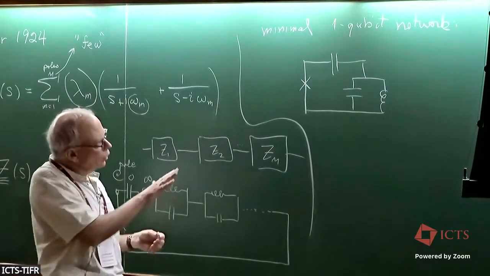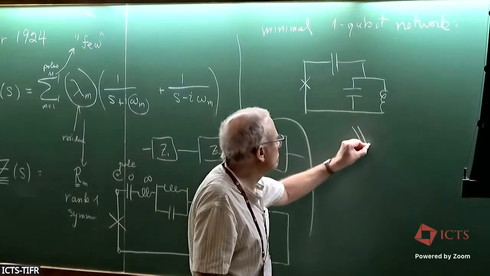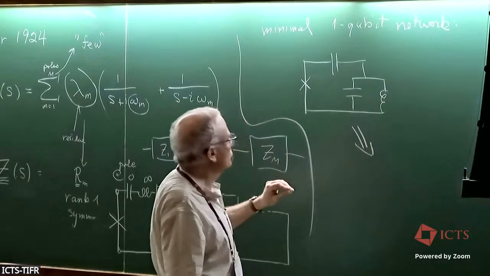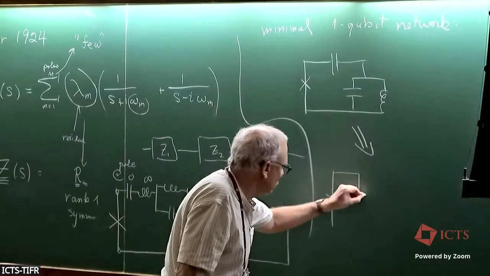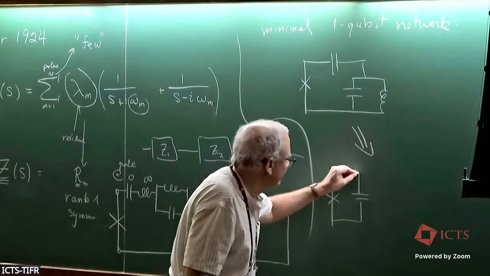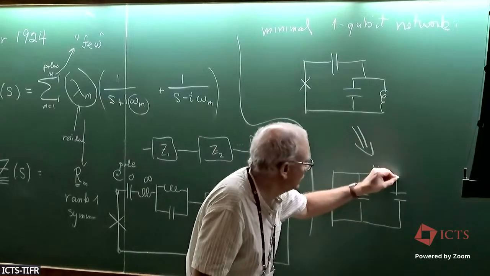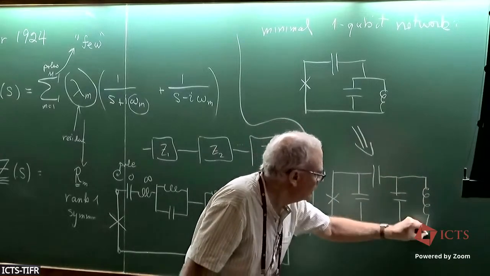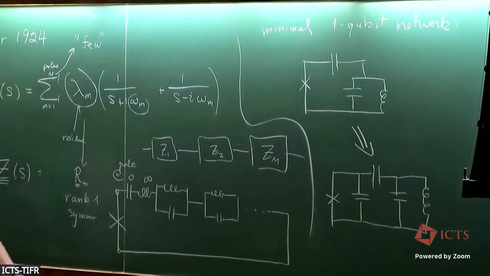So that's almost the circuit we spend a huge amount of time analyzing. There's a related non-minimal circuit, non-Foster circuit, which has this look, which only differs in how you organize the capacitance part of the network.